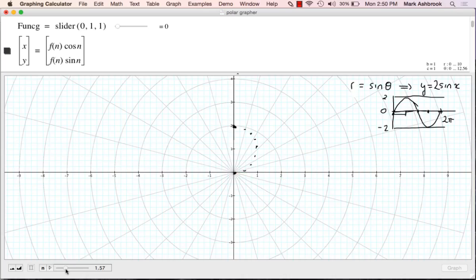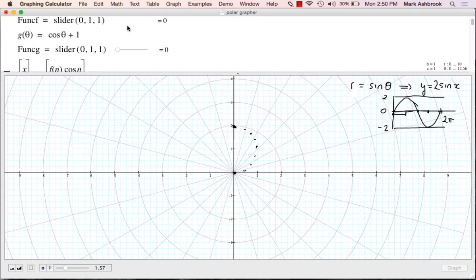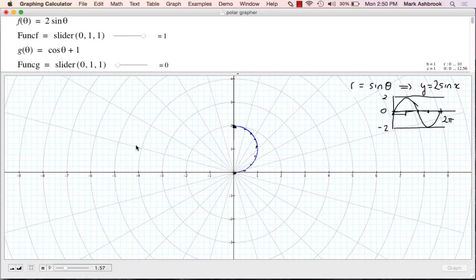Here's pi over 2, increasing angle to pi, and the distance r is that point on there. So it's going to be a symmetric curve coming back the other way, in the second quadrant. Okay, so that was what we got before, and so now, second quadrant, as the angle increases to pi, it comes down this way.